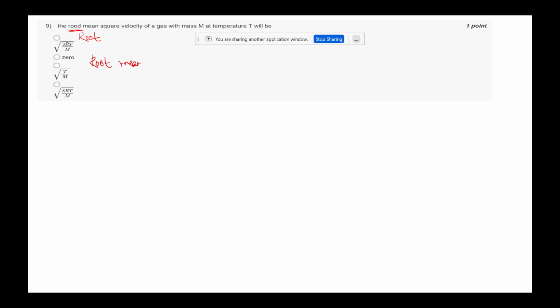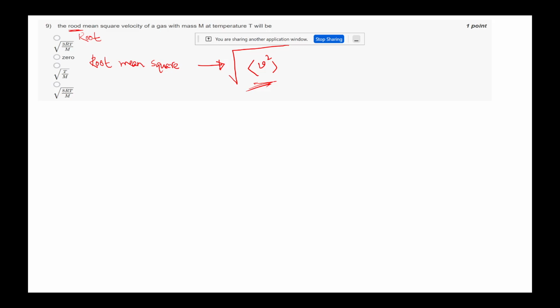As the name suggests, we'll take the variable square and then take the mean, the average of this. Then we will take the square root of that. But we have to calculate this v square average first.